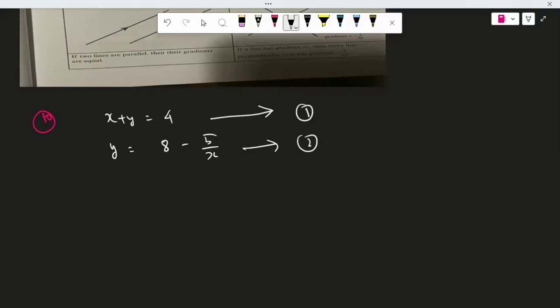Solving, put the value of y from equation 2 in equation 1.